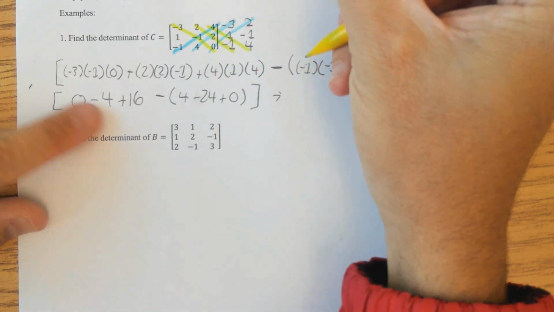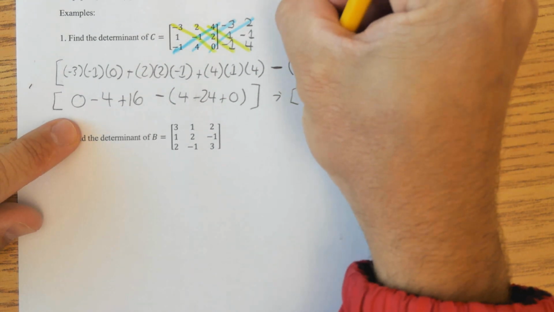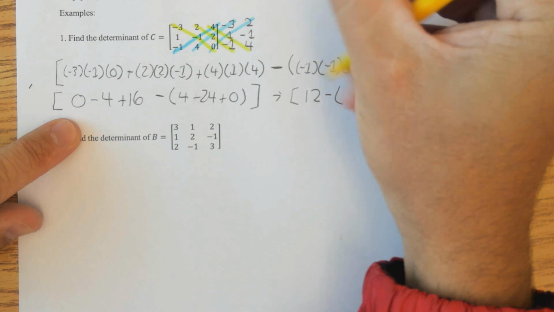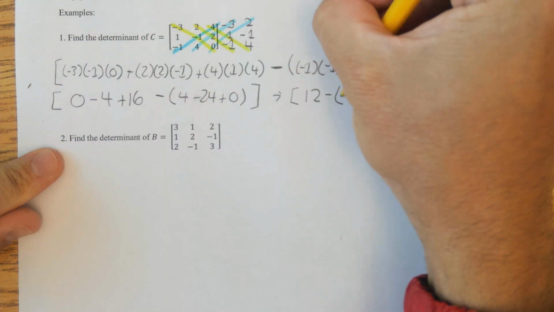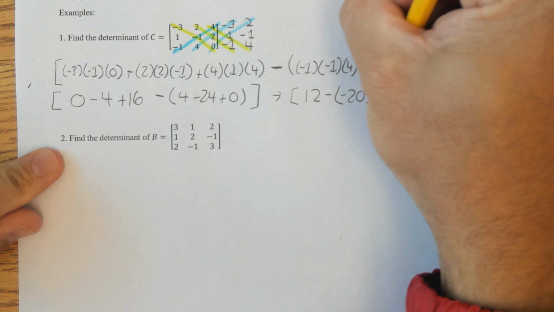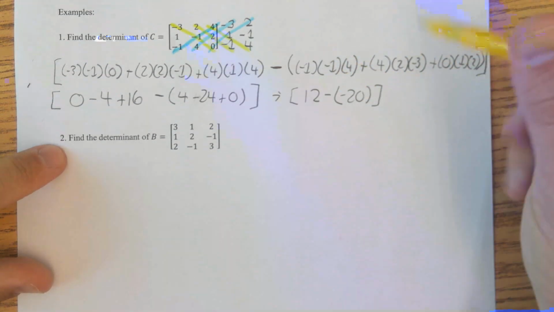So then let's go ahead and simplify everything here. So now we're just going to bracket. We're going to have 12 minus, in parentheses here, 4 minus 24. That's going to give you a negative 20. Two negatives give you a plus. So then what is 12 plus 20?